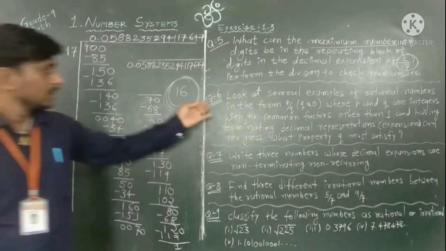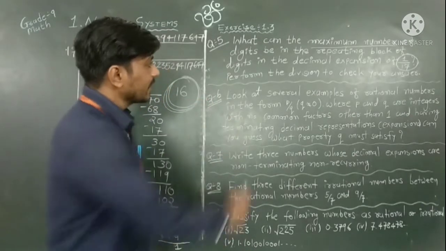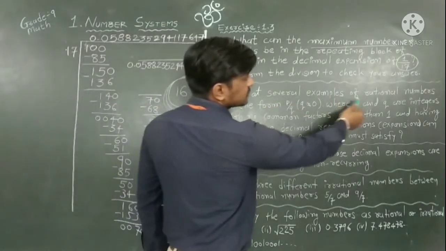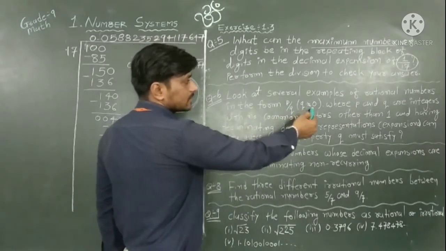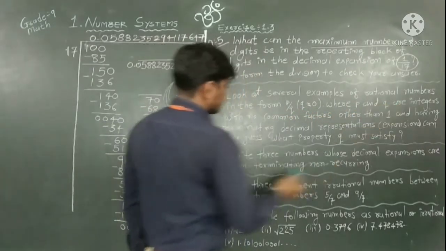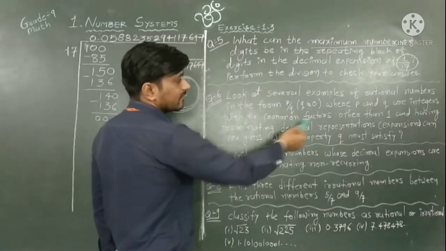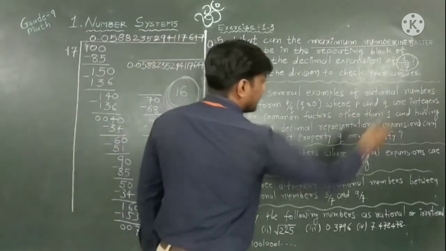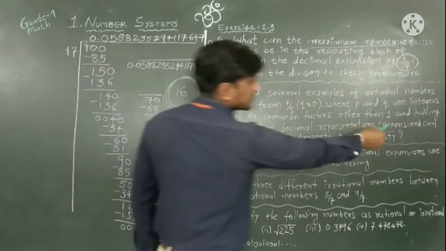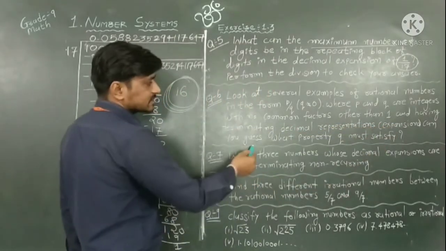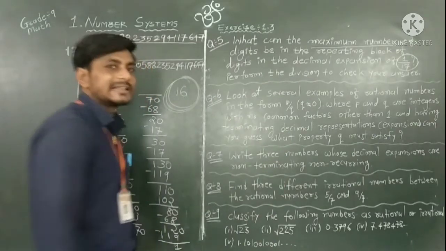Now look, question number 6. Look at several examples of rational numbers in the form p by q, q is not equal to 0, where p and q are integers with no common factors other than 1 and having terminating decimal representation or expansion. Can you guess what property q must satisfy?